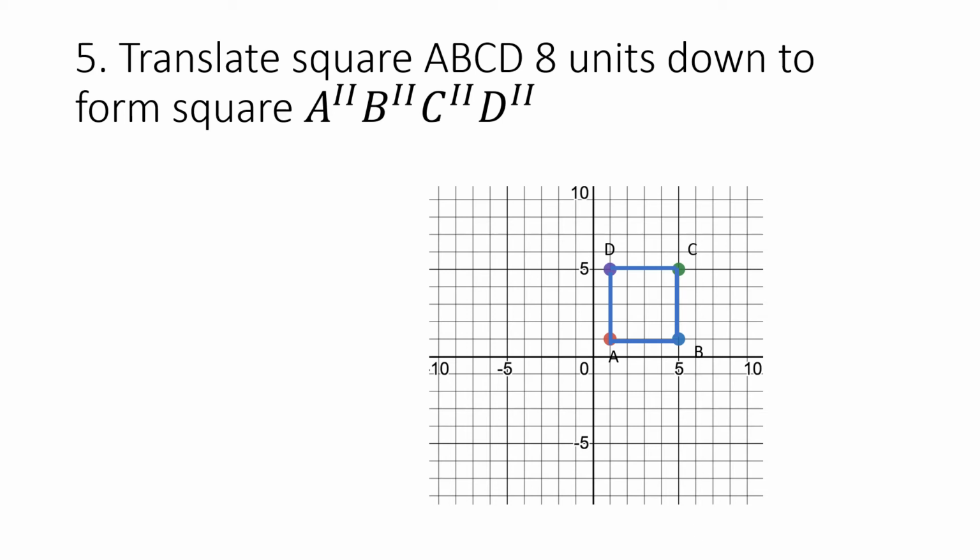Now we are going to translate the original square ABCD we created 8 units down to form square A double prime, B double prime, C double prime, and D double prime. When we translate point A 8 units down, we count 1, 2, 3, 4, 5, 6, 7, 8.